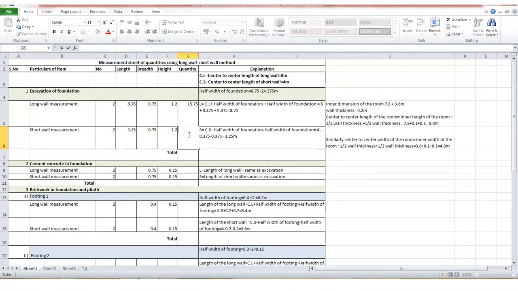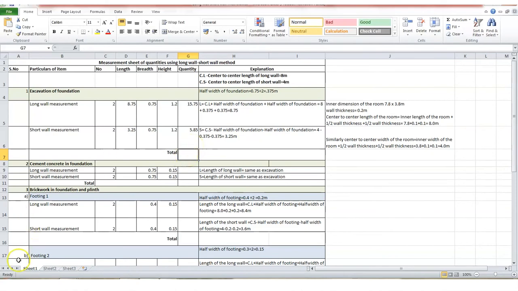So how do we find the total short wall quantity? It is equal to 2, the number of short walls. We know that there are 2 short walls. Then we multiply it by the length, then by the width of the foundation, then by the height, or the depth of the foundation. It is the same for both long wall and short wall. So we get the answer as 5.85.